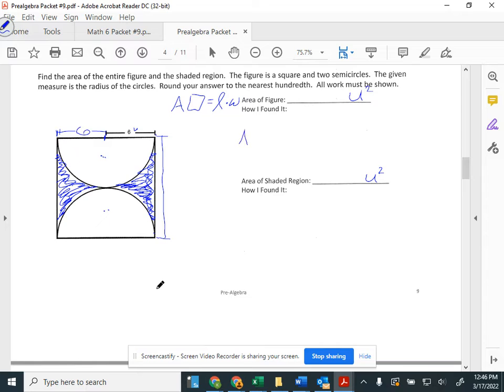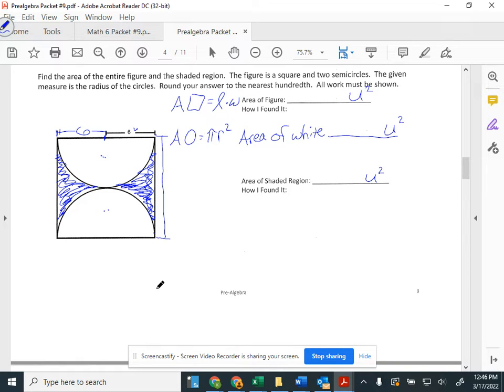So we need to find the area of the white, which will be units squared. But that means we need to know how to find the area of a circle. What is the area of a circle, Paisley? Pi r squared.